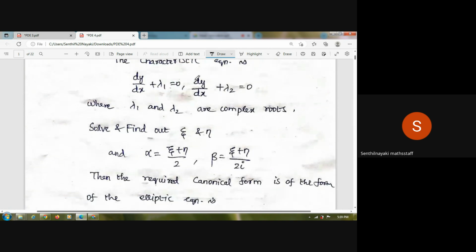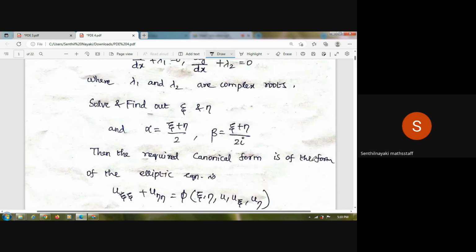After solving these first order differential equations, we get two solutions, let them be zeta and eta. So after finding zeta and eta, we can find the value of alpha and beta with the help of this formula, that is alpha equal to (zeta plus eta) by 2 and beta equal to (zeta minus eta) by 2i.